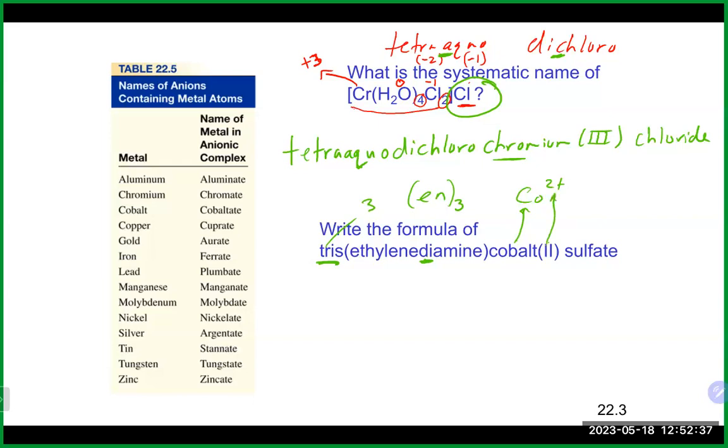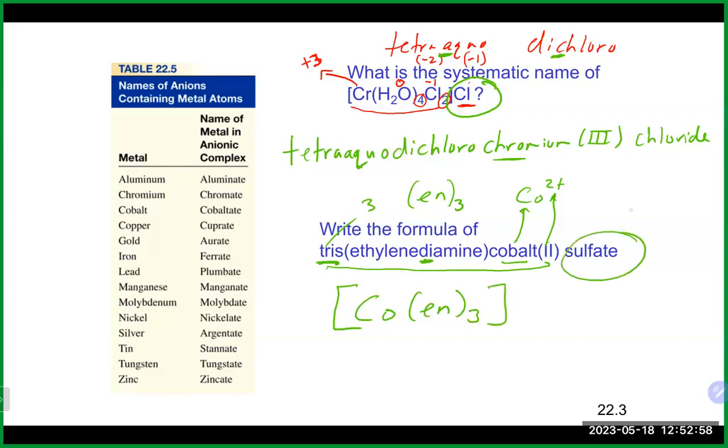So putting together really the complex ion part, which obviously would be this part of it, and I know that's the complex ion part because the metal is at the end of it, right, with the Roman numeral, so that's definitely the complex ion. We could put our little bracket, we'll do a Co, and we'll do an en and a 3. Now, we do know sulfate here is going to be our counter ion, which is this guy. What would be the actual charge on this complex ion if I just had the complex ion by itself?